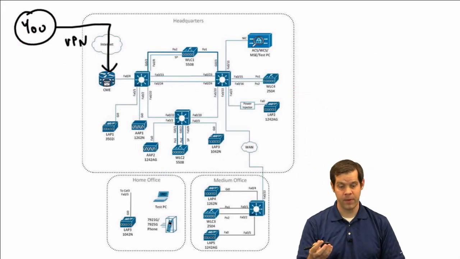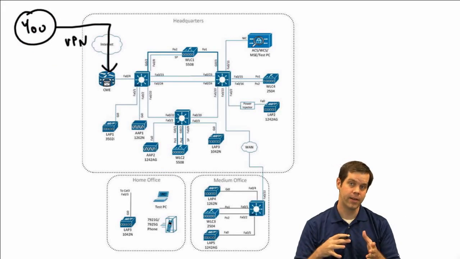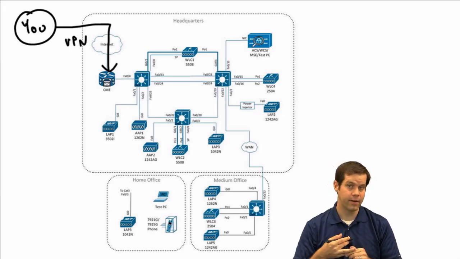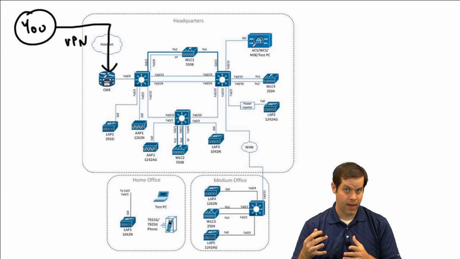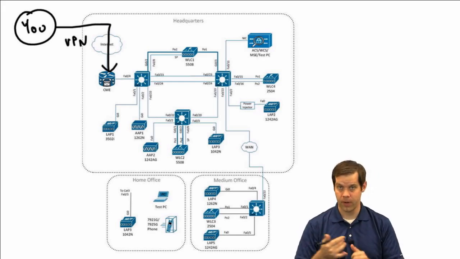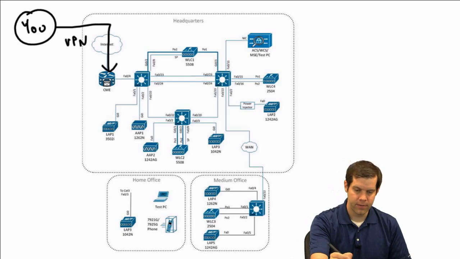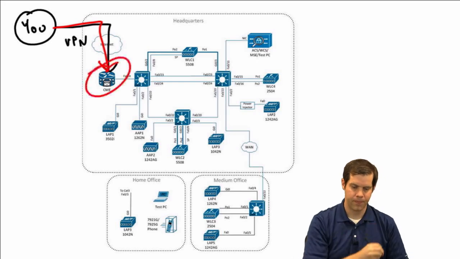Now, speaking of that VPN connection, it's important to note, don't just assume because you have a VPN connection that you can immediately pull up every web GUI and every RDP session and things like that. That's not necessarily the case. Why is that? Well, in order to pull up a web GUI or something like that, you need end-to-end layer 3 communications. Getting a VPN connection only gets you to the CME router.